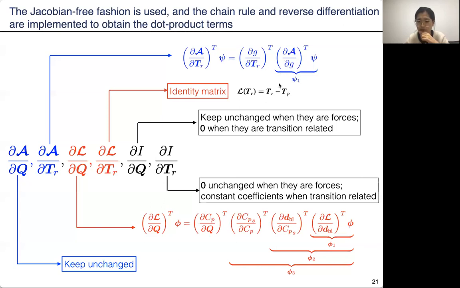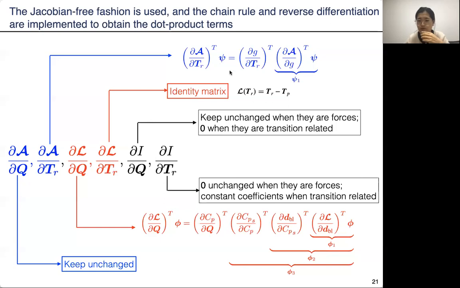Then we go to this term. It is the partial intermediate function to partial RANS state variable. And this part involves the MPI and the parallel exchange. So the automatic reverse differentiation code would fail here.